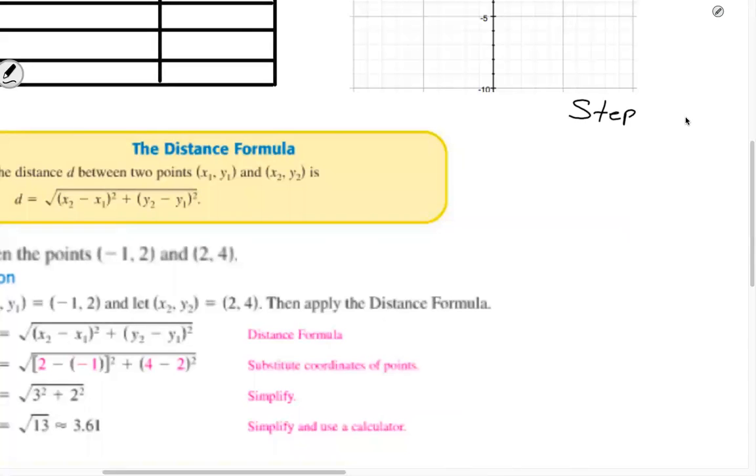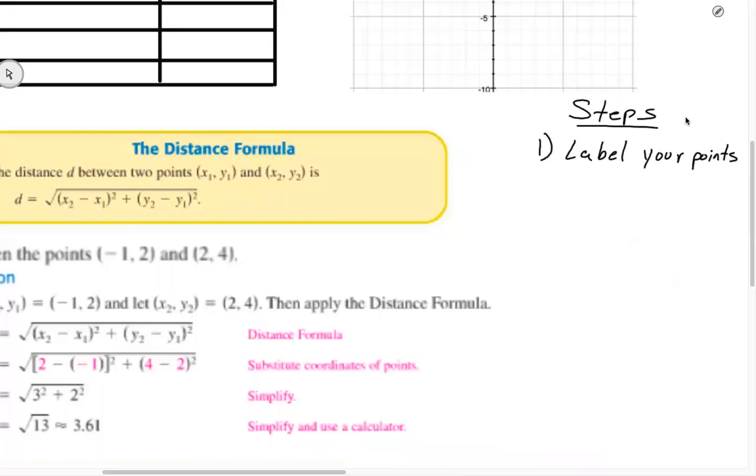Whenever we are dealing with coordinate points, this is what you probably should do. And it's the same thing over and over again. One, you should always label your points. Always label your points x and y, whatever it is. If you have 2 points, it's x1, y1, x2, y2. If you have 1 point, it's just x and y.